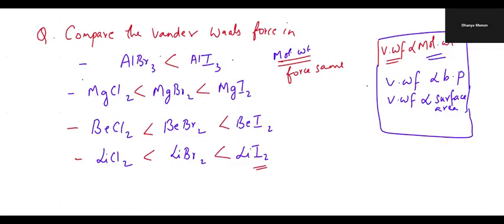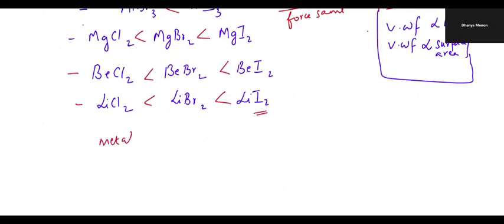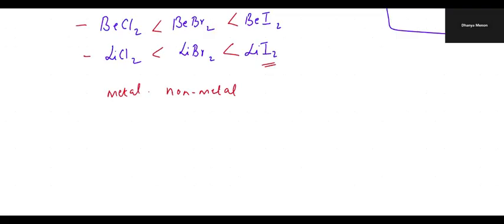Okay, but students, you must remember here, in all these examples that we have taken, there is a metal and a non-metal. We didn't talk about this metal and non-metal. So these compounds are formed between a metal and non-metal, and what you have to take care is for lithium, beryllium, magnesium, and aluminum, these are the halides.